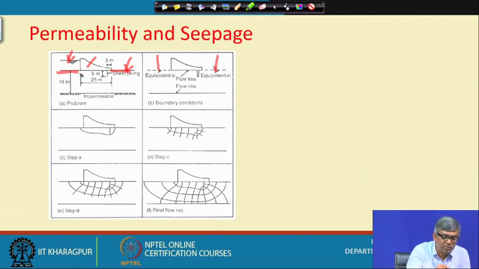Now, water at this point will try to move along this, so this is considered a flow line, and if there is an obstruction, then water will go through this and go like that. That can be considered a flow line, and water from here will also move along this, which can also be considered a flow line. So, we have fixed one flow line, and this is an equipotential line and this is an equipotential line.